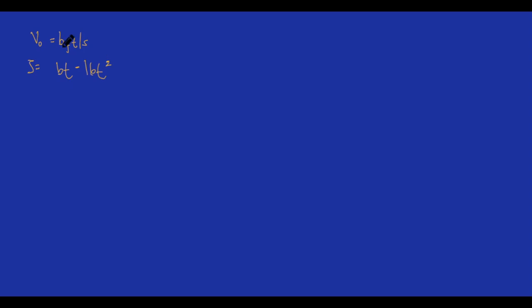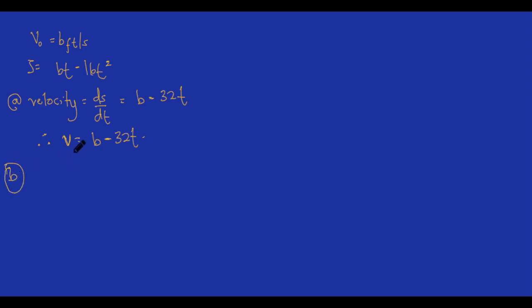To find the velocity at time t, the velocity is the change in displacement divided by the time. So the velocity at time t is going to be equal to ds/dt. On differentiating this, we have b minus 32t. Therefore, if we represent velocity as v, v will be equal to b minus 32t. And that's the solution to the first question.